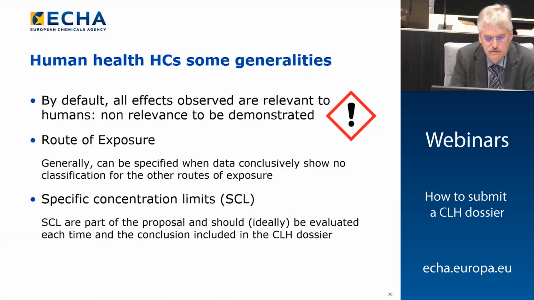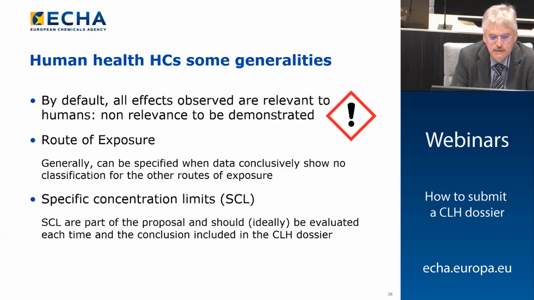By default, all effects observed are relevant to humans, and it's the non-relevance that needs to be demonstrated and justified by data. Concerning the route of exposure, generally, it can be specified that only a specific route of exposure applies when the data conclusively show no classification for the other routes of exposure.